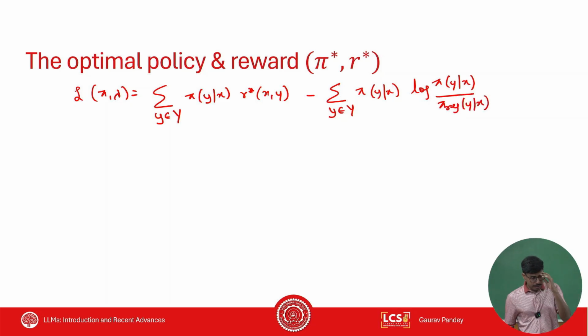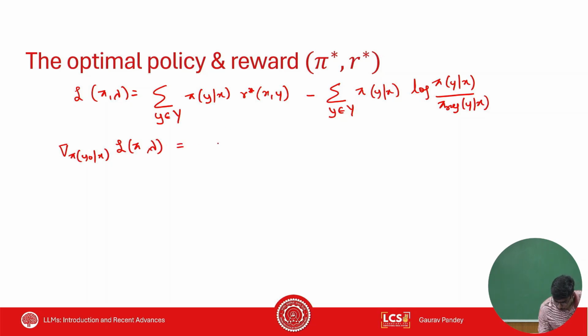Now the gradient of this Lagrangian with respect to pi(y naught given x) would be, so differentiate this quantity.